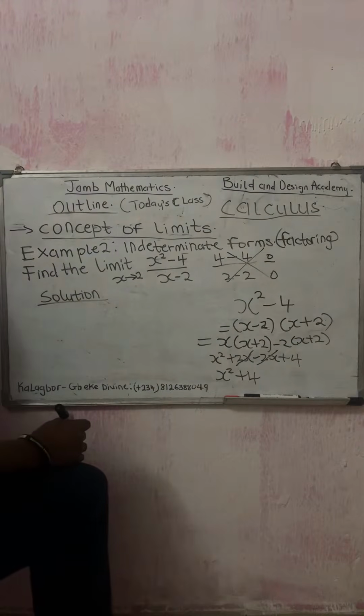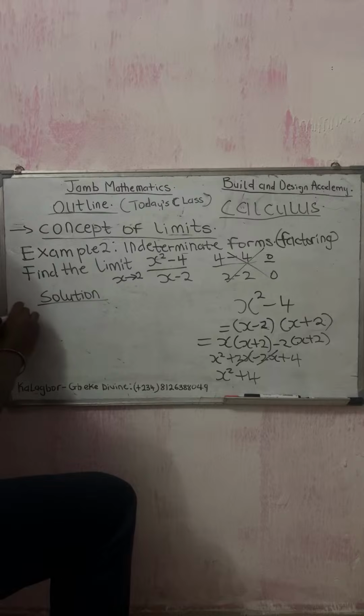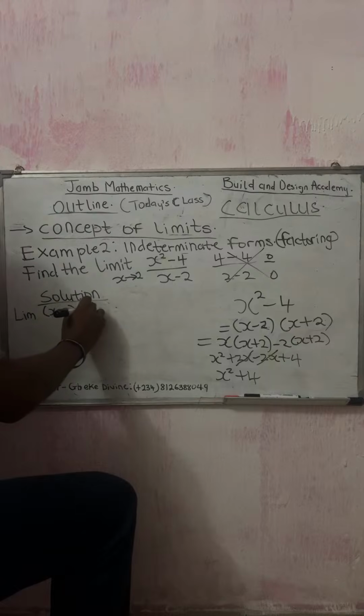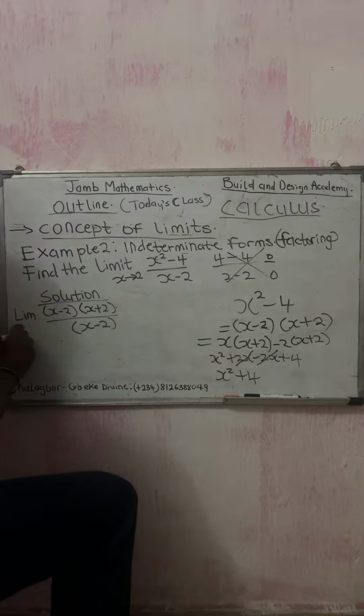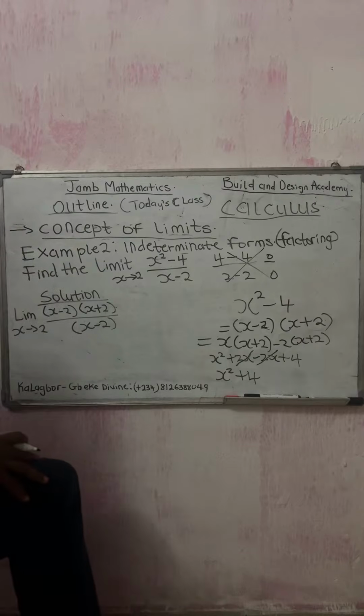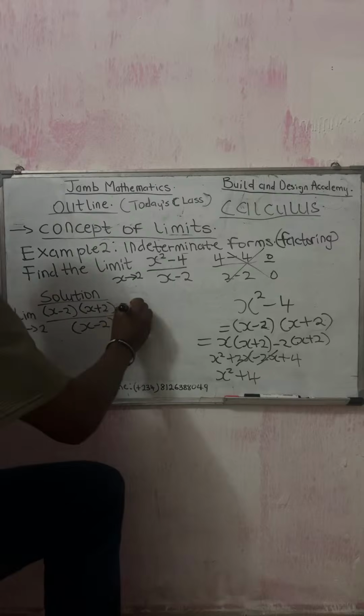So now for us to take our limit, our new limit will now be the limit of x minus 2 times x plus 2 all over x minus 2 as x approaches 2. Now this will be our new limit.